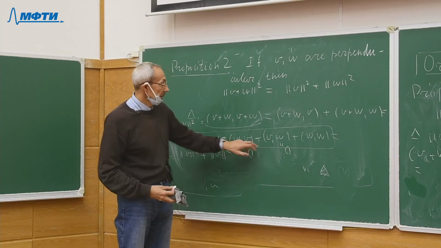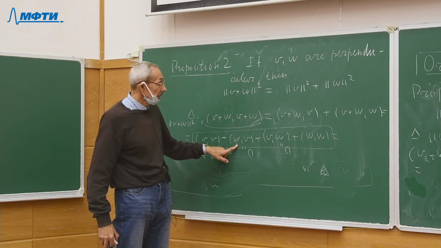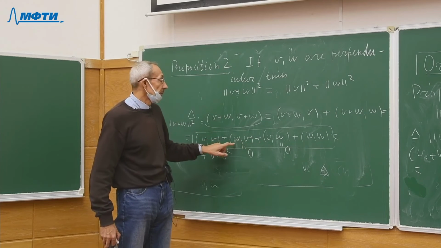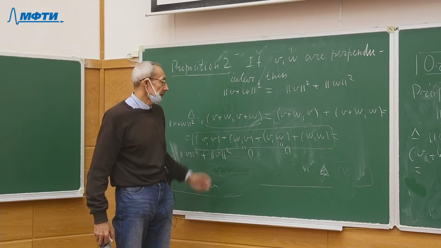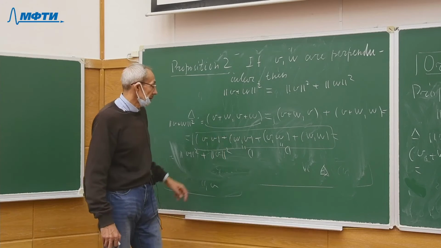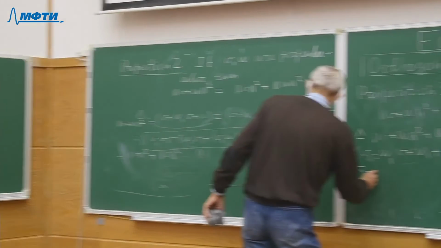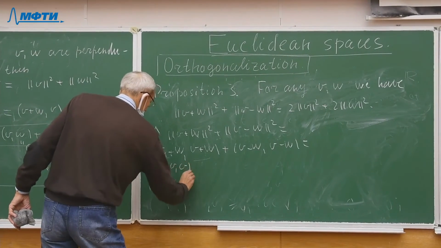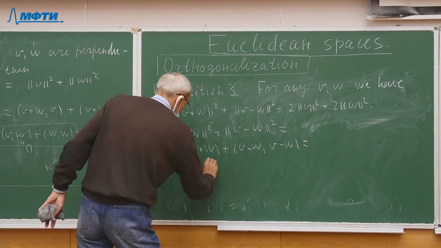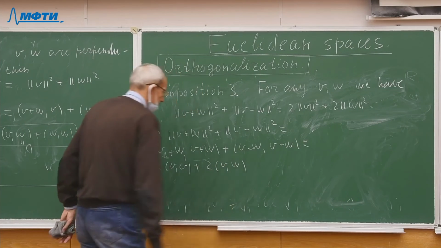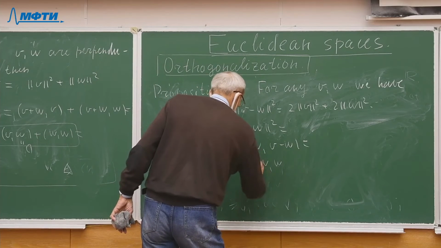But using property 1, that the scalar product is symmetric, we obtain that this expression is equal to the scalar square of v plus twice (v, w) plus (w, w).